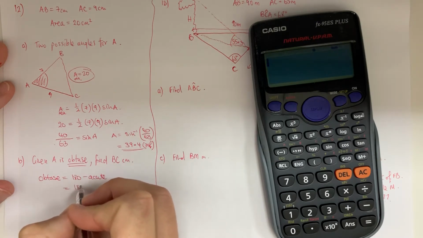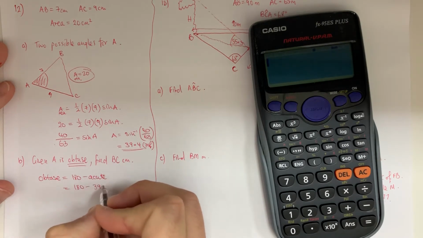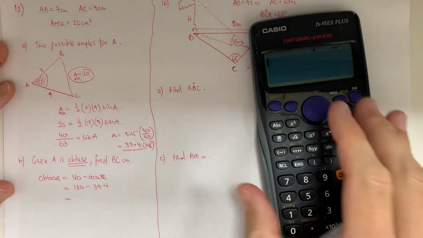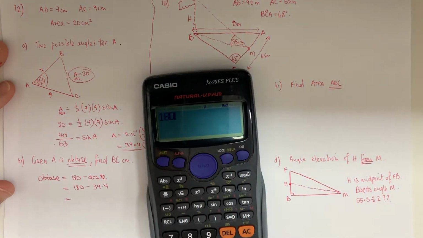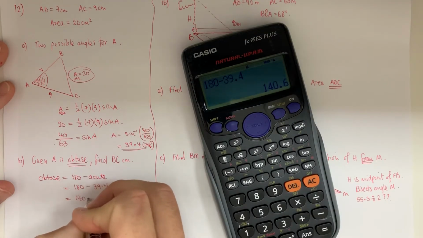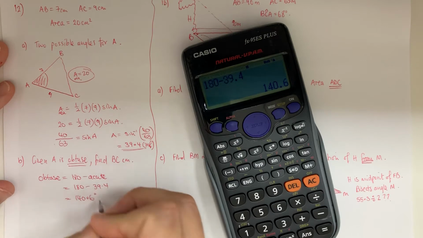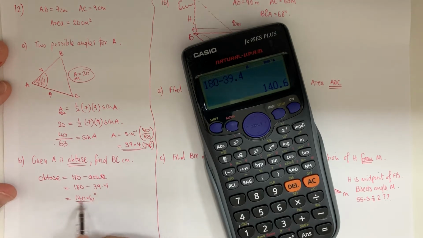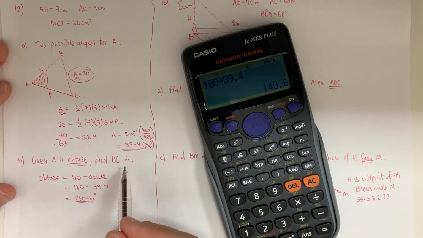So that'd be 180 minus 39.4. So just cross-check your mental math. 140.6 degrees.